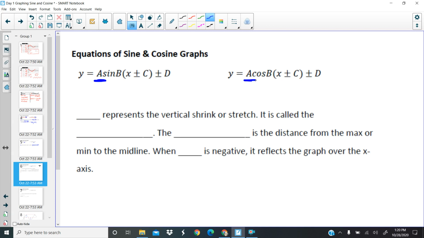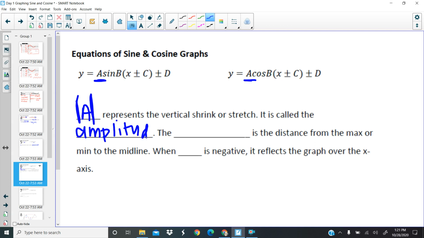That is going to be A. But we aren't going to worry about if A is negative necessarily, because that's just going to flip it over the x-axis. So instead of just saying A, I'm going to say the absolute value of A. And then what that vertical stretch or shrink is called is the amplitude.